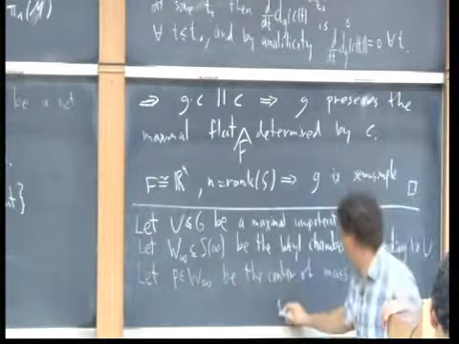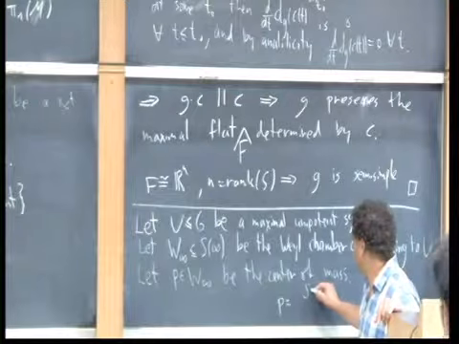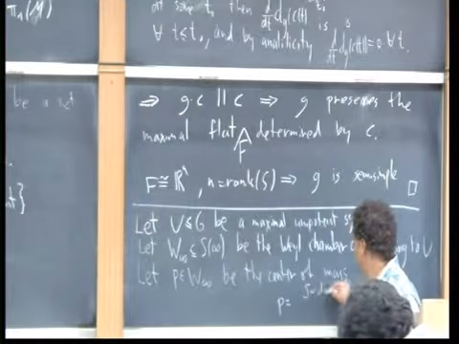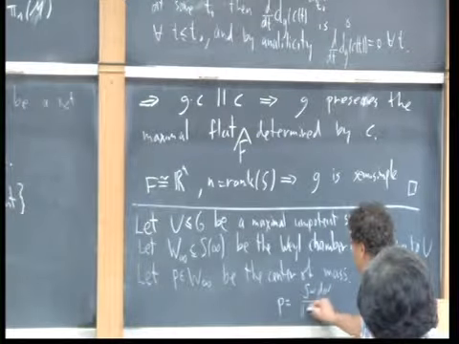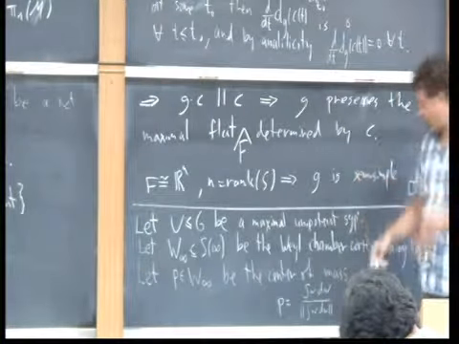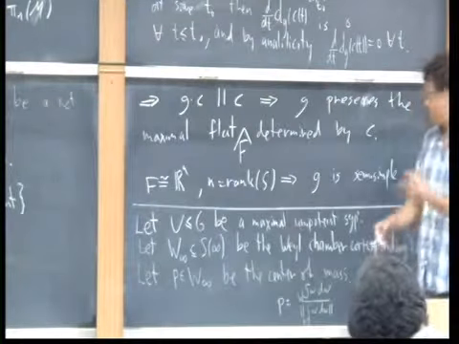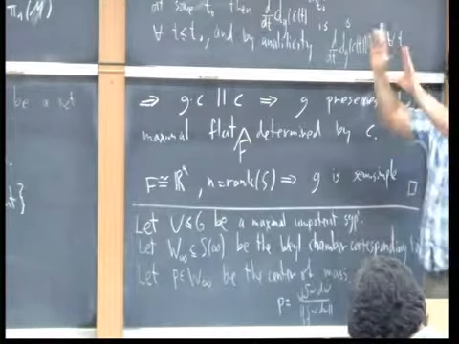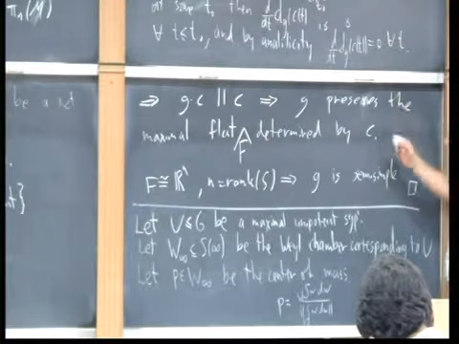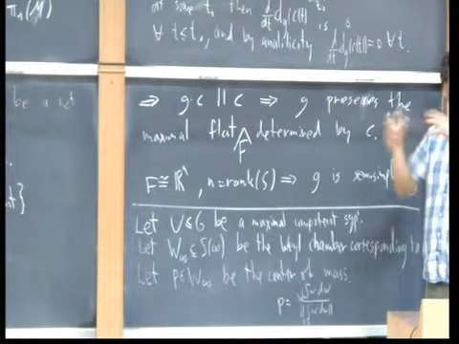So if you want, P is defined as the integral over W of dW over its norm, where I identify this simplex as a simplex in the Euclidean sphere. Okay, so it's just the center of mass of this. It is well defined because it is contained in a half sphere.